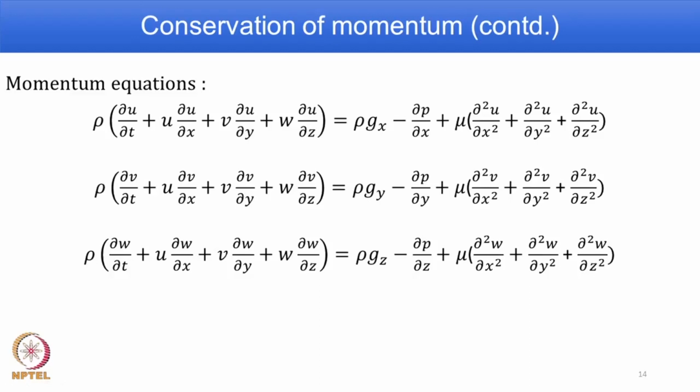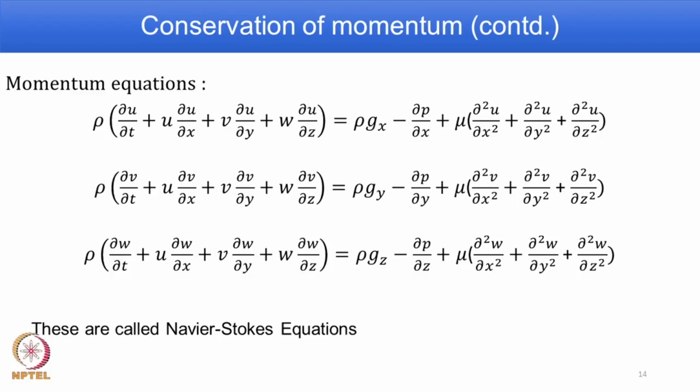So, while writing a code also you write in detail form and then write the code, so it is easier to decode later. And this set of equations, that is all the three momentum equations with the full components and all the terms written, is generally called the Navier-Stokes equations.